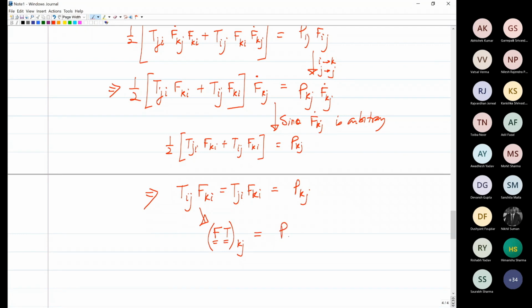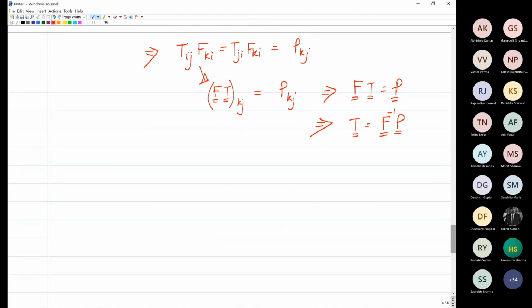So this is equal to the P kj component. Or you can say FT is equal to P, which means T is equal to F inverse into P.